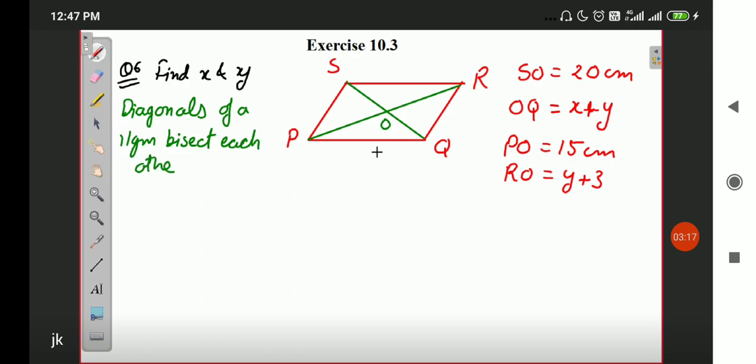What do we mean by bisect? Bisect means O is the midpoint of SQ as well as PR. Okay, so let us start with the solution.